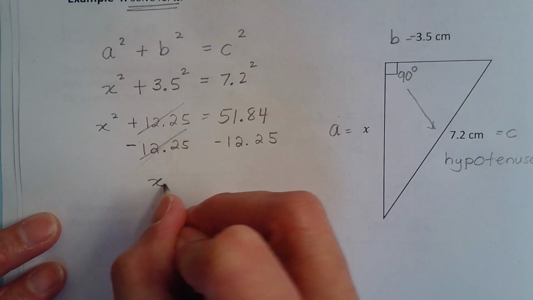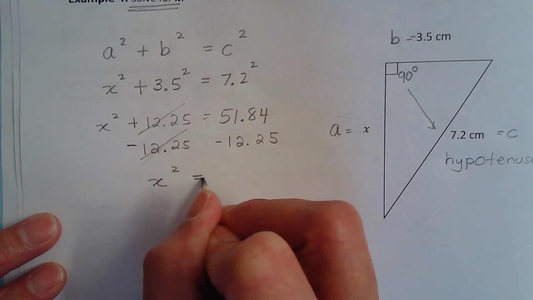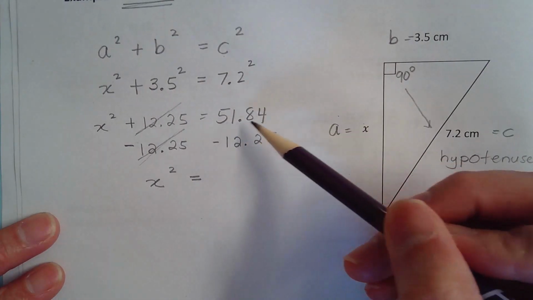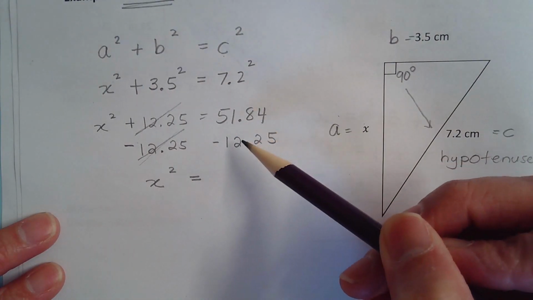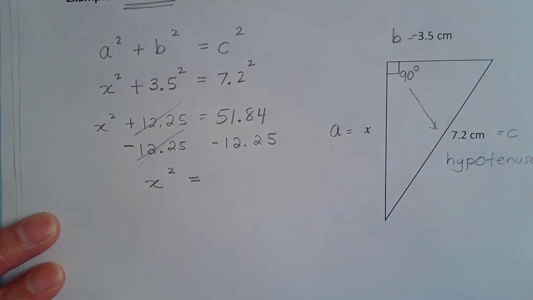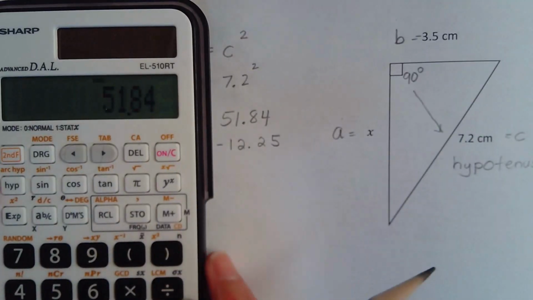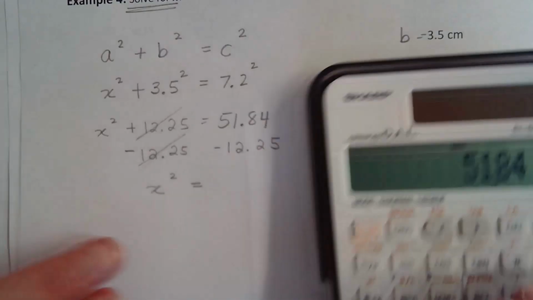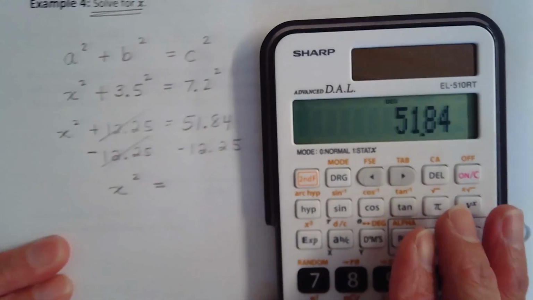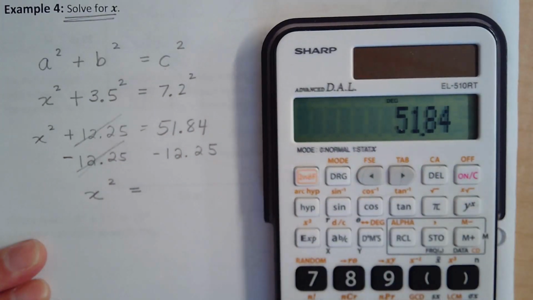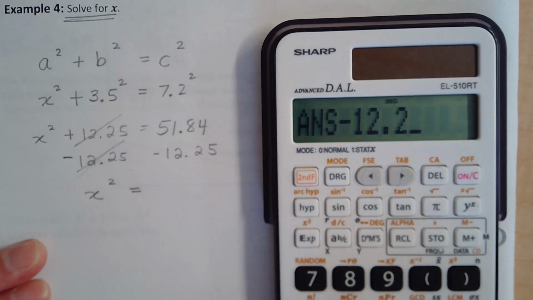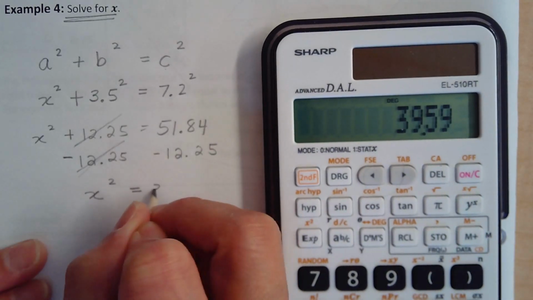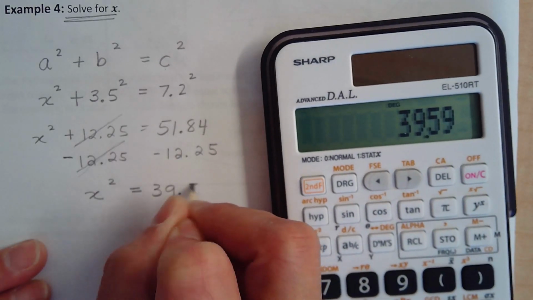We're left with x squared equals 51.84 minus 12.25. So 39.59.